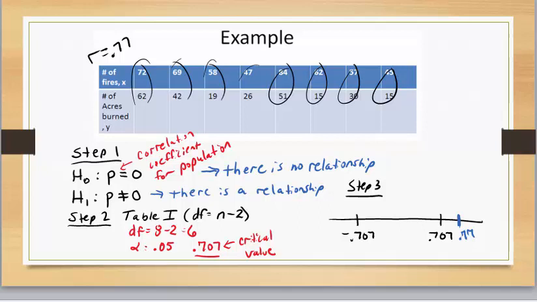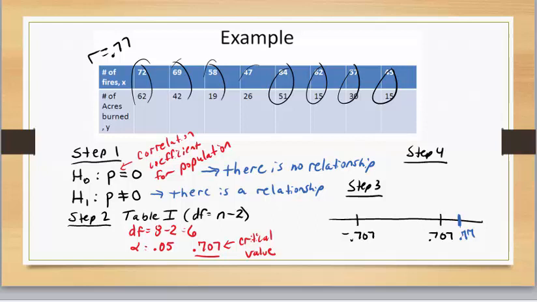All right, step 4 talks about how you're going to interpret this. So if your R value is either larger than your critical value on the positive side or smaller than your critical value on the negative side, you are going to, what we say, reject the null.